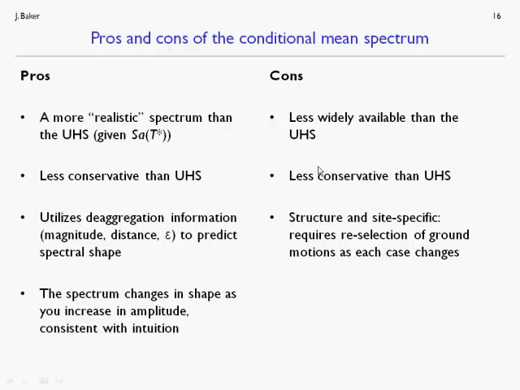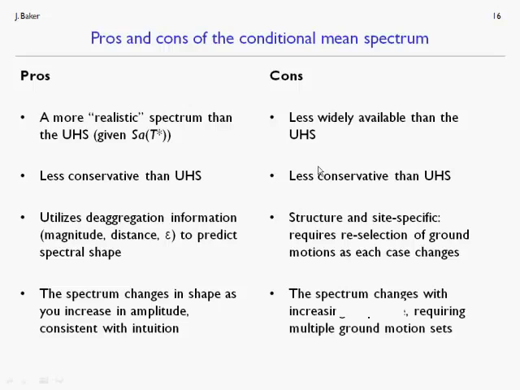An advantage of this conditional mean spectrum, as we saw for that example Riverside site, is that as we changed spectral acceleration amplitudes, we changed the shape of our response spectrum. And that's consistent with our intuition. We expect that high amplitude ground motions are going to have different properties than low amplitude ground motions. And so having that shape change, and thus having different ground motions at each spectral amplitude to match these different shapes, that's a more realistic analysis situation.